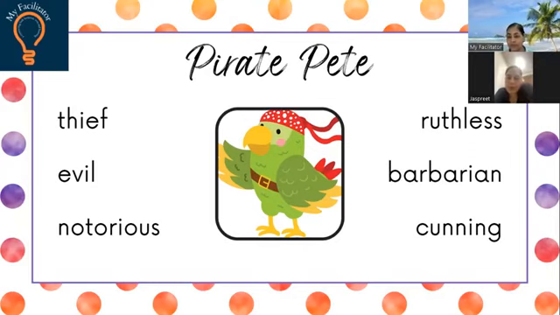I have used all the 6 words. Now just make one line, crisp. This parrot looks like a thief, or this pirate parrot is appearing like a thief, with evil behavior, evil eyes and notorious behavior.